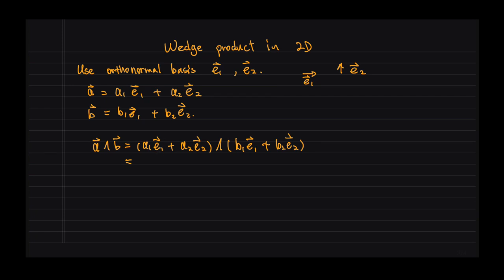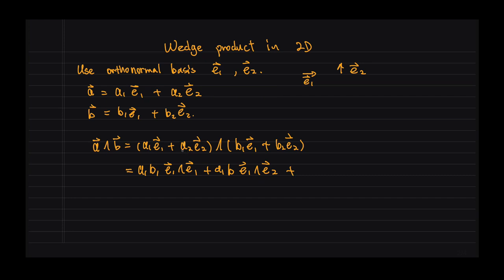So we expand: A1 E1 wedge B1 E1, which is equal to 0, but I'm still going to write it out so we can cancel it later. Then A1 E1 wedge B2 E2.